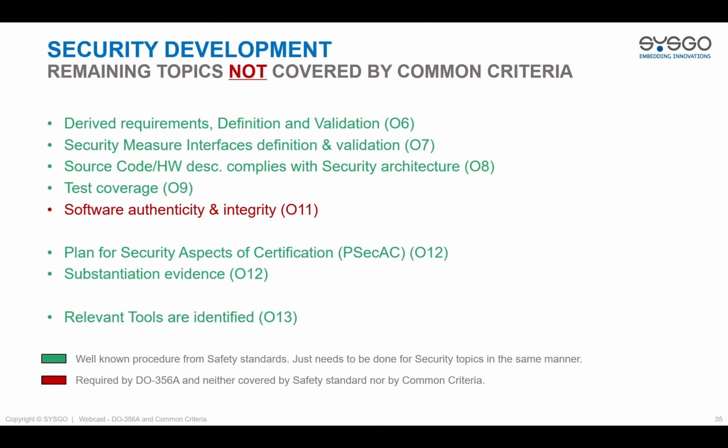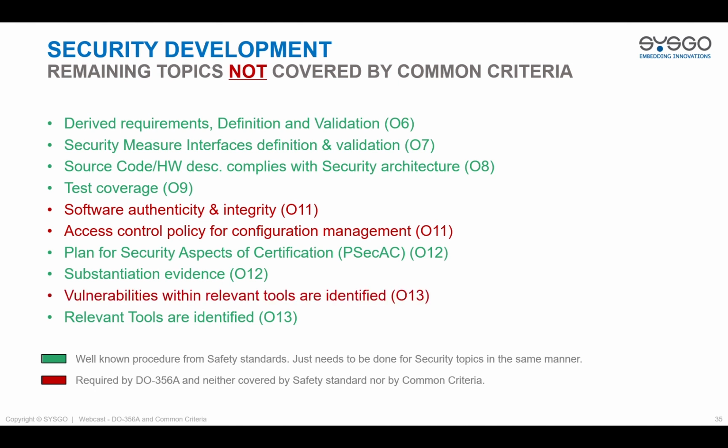In addition to that, the configuration management tool, for example your Git system, which you've used before and which was required by safety standards, now needs access control policies, which means that your developers need a username and password to log in. This sounds a little bit obvious, but it's required now by the new standard.